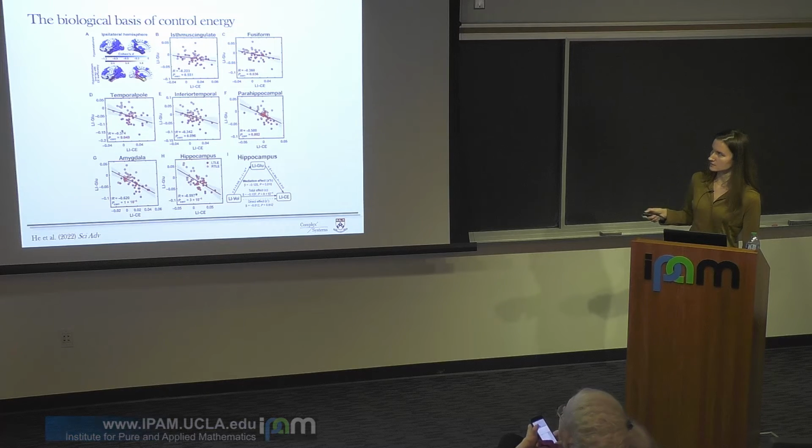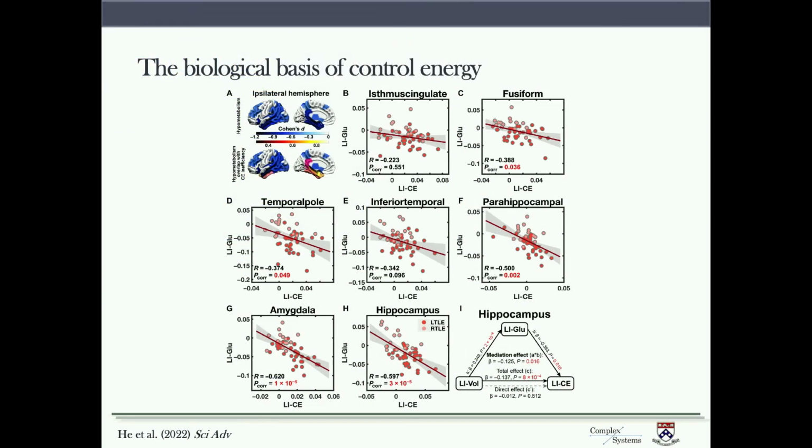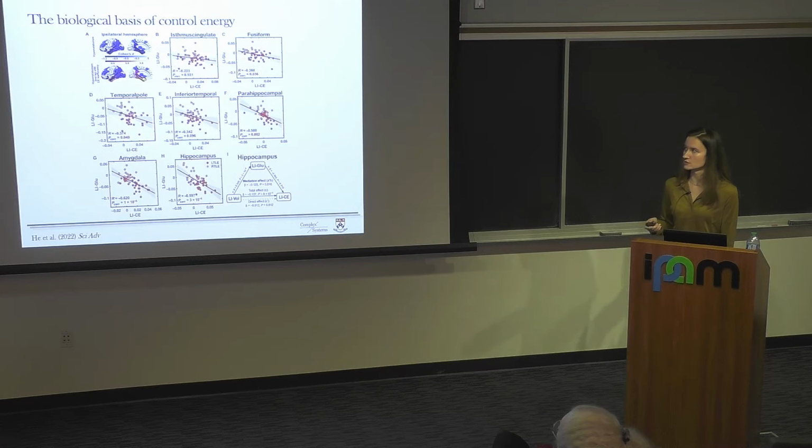So here you can see this map shows regional hypometabolism in the brains of patients with TLE in the side of the brain that is ipsilateral to the seizure focus relative to the side that is contralateral. And then these plots here show associations between glucose utilization and control energy at the region level.